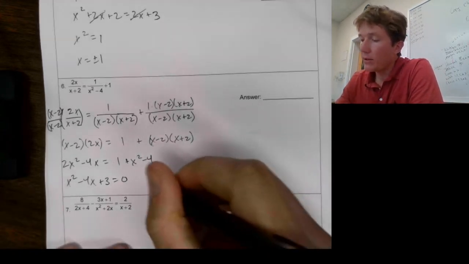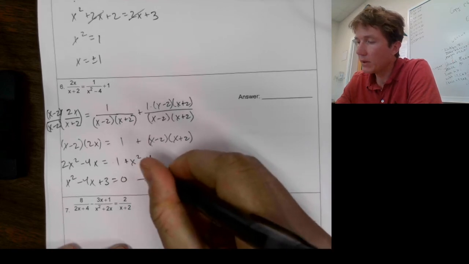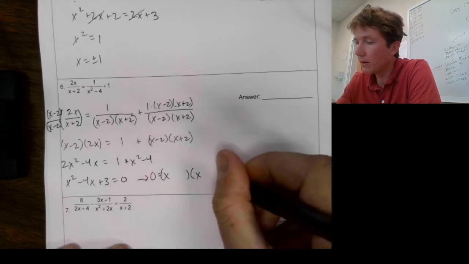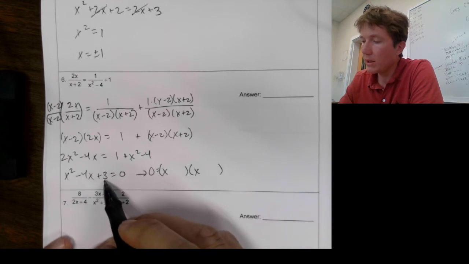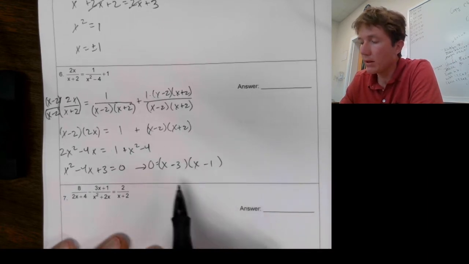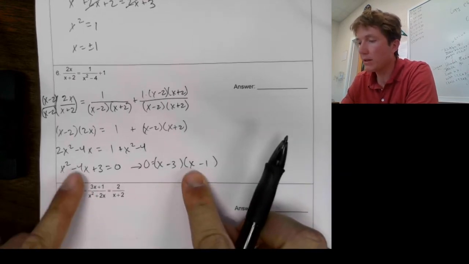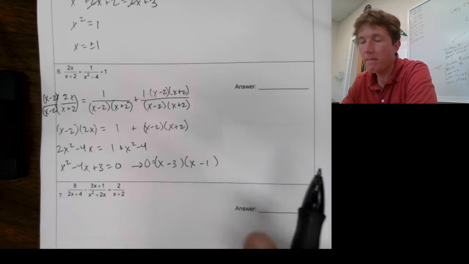And then I'm going to FOIL this. 0 equals, this is going to be minus 3 and minus 1. Okay, because this is negative x, that's negative 3x. It gives you negative 4x.